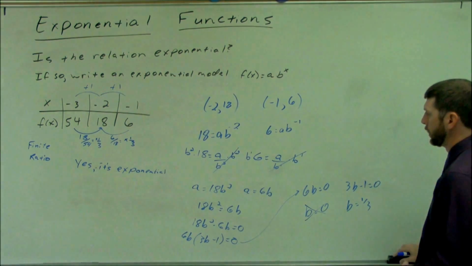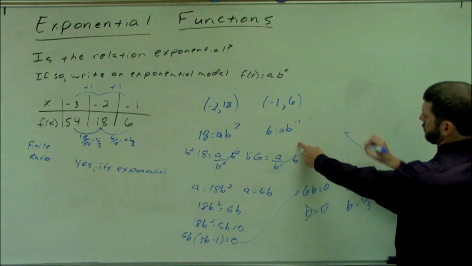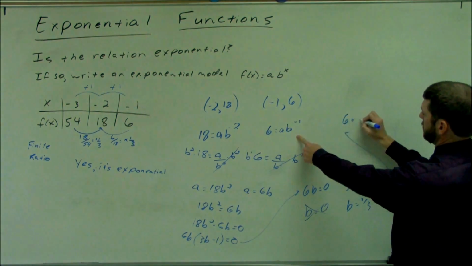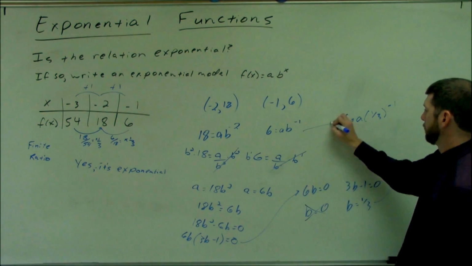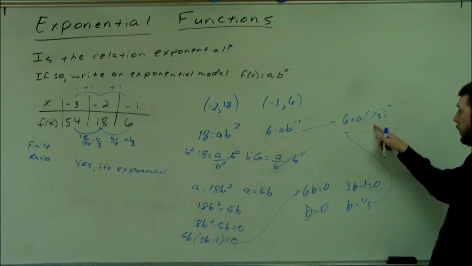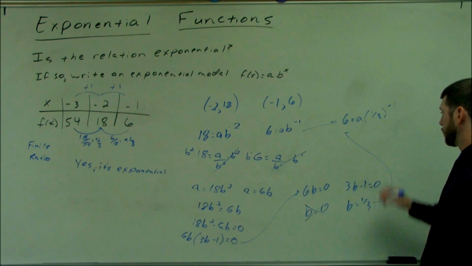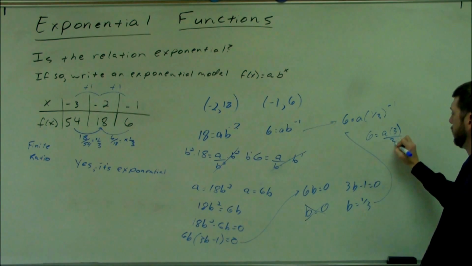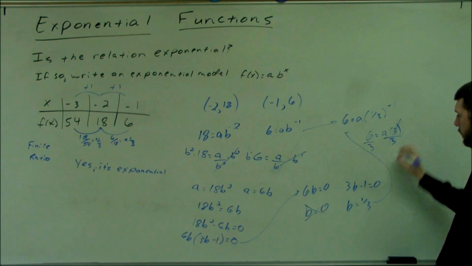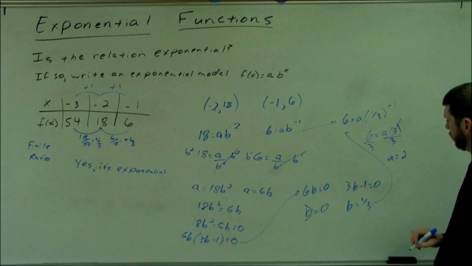Not to that point yet. Going back to the very beginning, just doing our substitution. 6 equals a times 1/3 to the negative 1, right? 1/3 to negative 1 means multiplicative reciprocal, so that's a times 3, and then how do we get a by itself? Divide by 3, a equals 2.